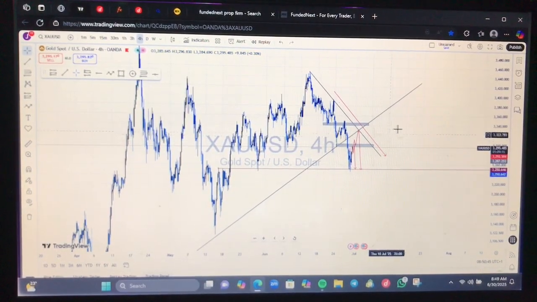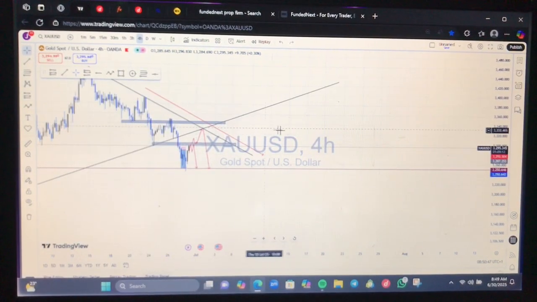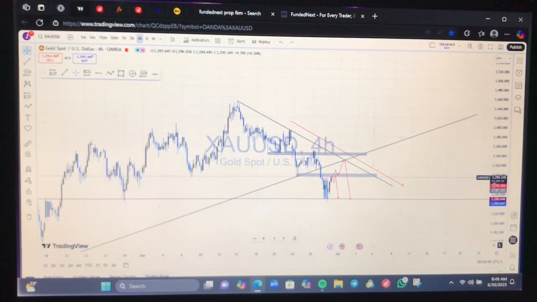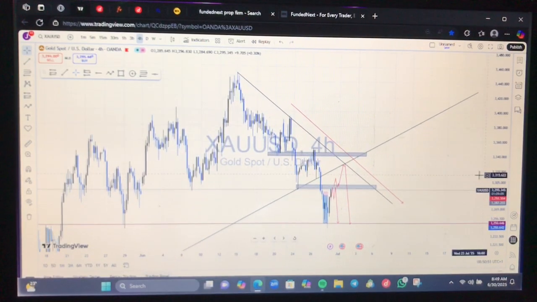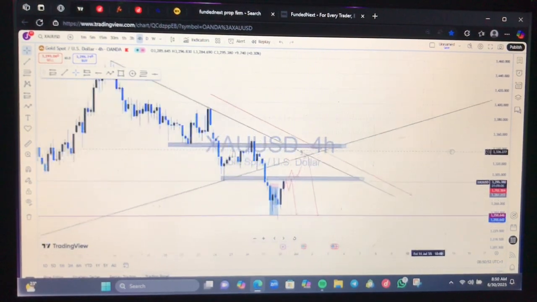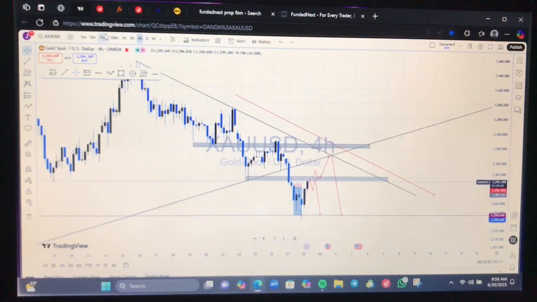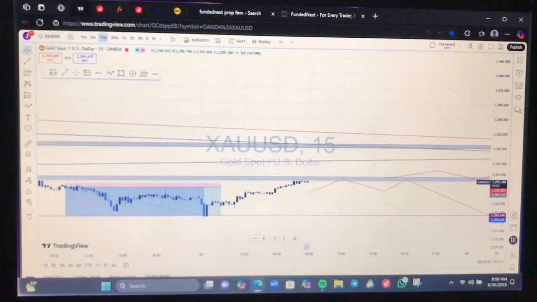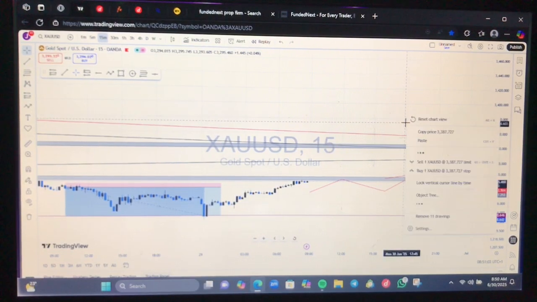Yeah, hello guys. So this is XAUUSD charts, and I've already started analyzing the charts. I caught a sell on Friday and I held the sell down till the opening of the market on Sunday night.